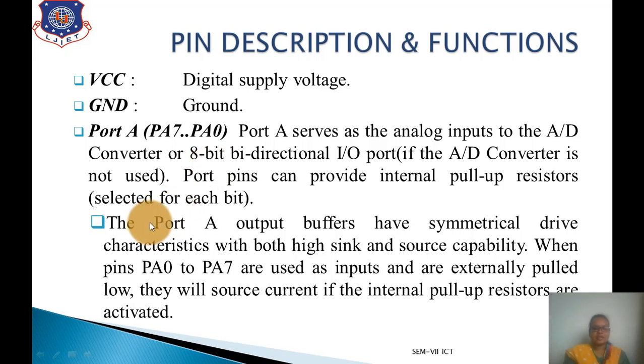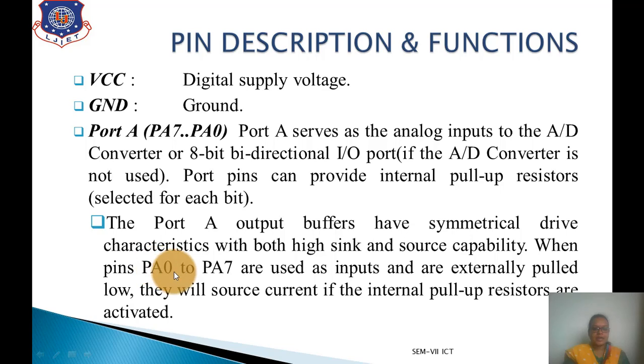But as we will discuss, if the port has the internal pull-up resistor low, that means 0, then that particular pin or bit will work as an input pin. And if it is high, connected with VCC, then it will work as an output pin. The port A output buffers have symmetrical drive characteristics with both high sink and source capability.